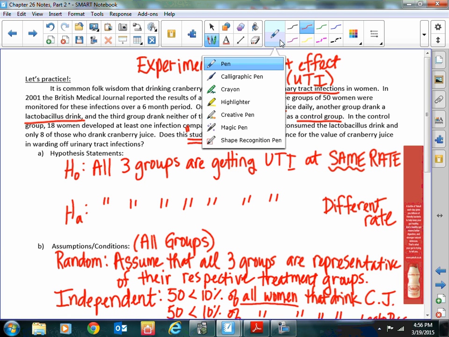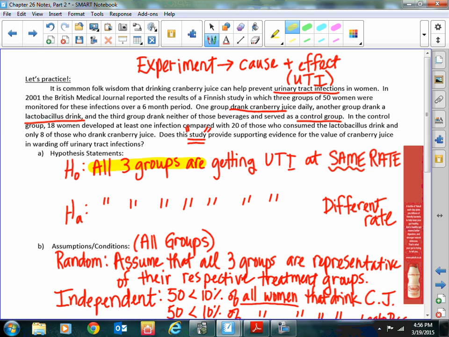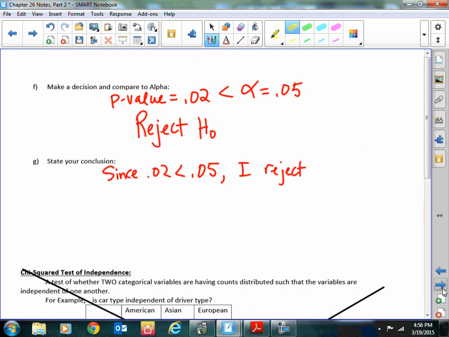I am rejecting that all three groups are getting urinary tract infection at the same rate. You just restate that. I reject that all three groups get a urinary tract infection at the same rate.